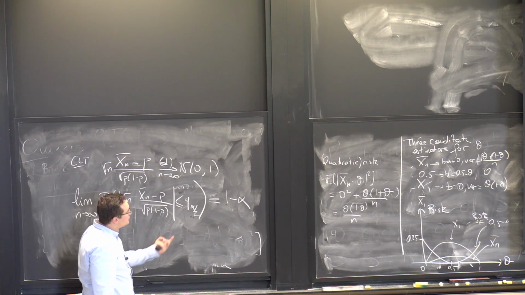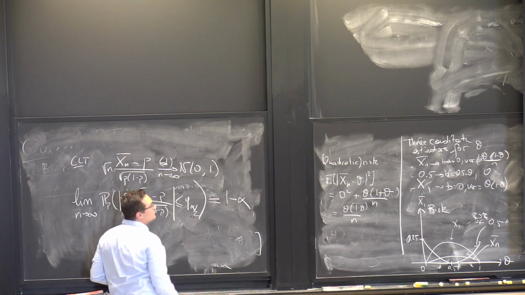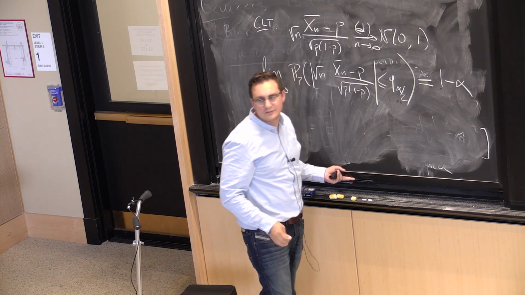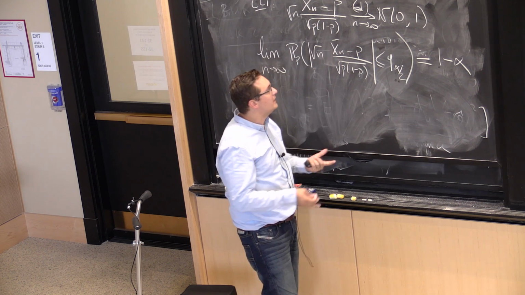And so in particular, if it's equal, then I can put larger than or equal to, which guarantees my asymptotic confidence level. And I just solve for p. Right?